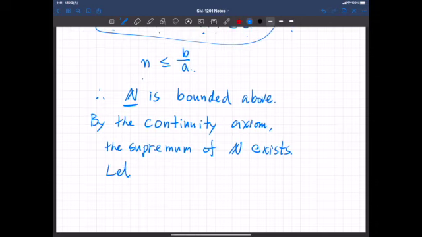Let S be the supremum. S minus 1 is of course less than S, so that cannot be a supremum. That cannot be an upper bound of the natural numbers.